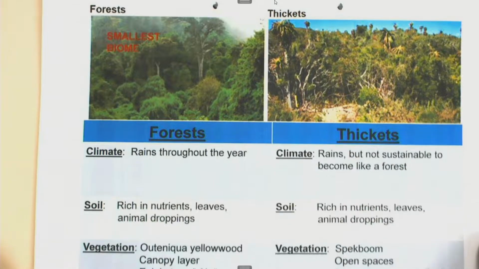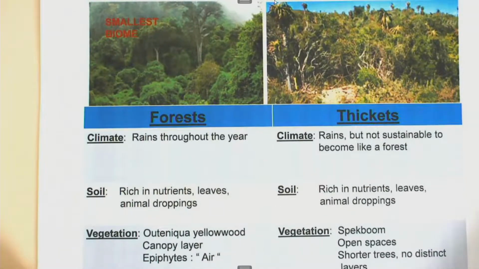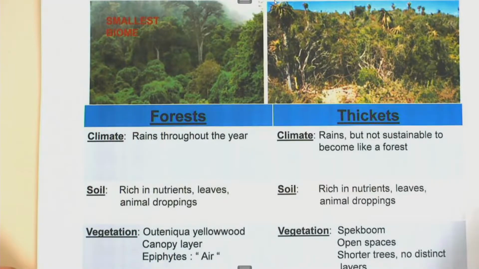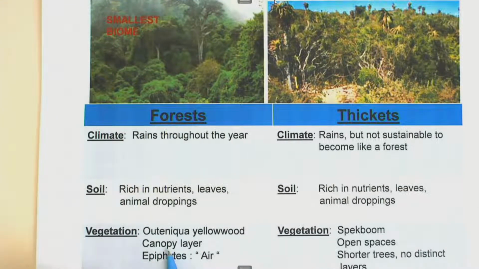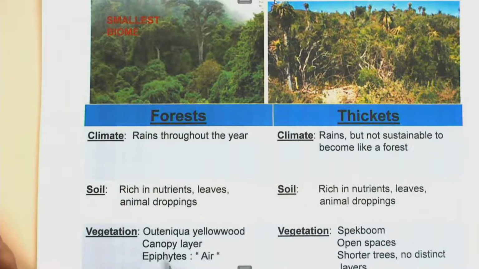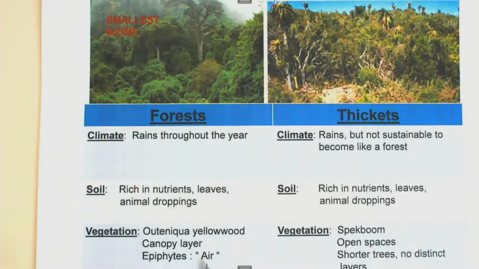Okay, and then the vegetation here at the bottom, the Outeniqua yellowwood, that's a tree, and it forms a canopy like a roof, a layer at the top where all the trees block the sunlight. It only filters through a little bit. And then we have another type of plant, the epiphytes. The epiphytes are included here, the air plants.